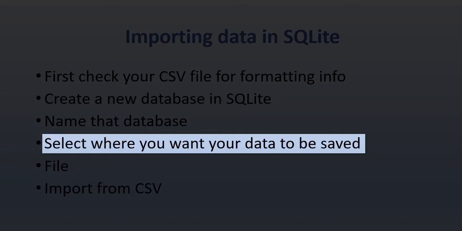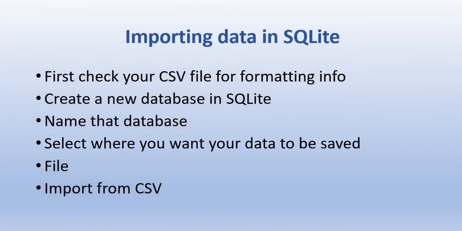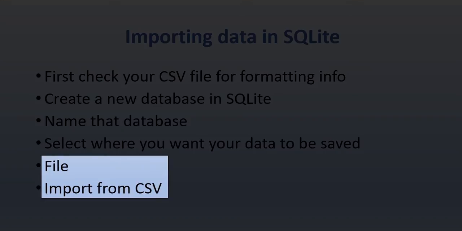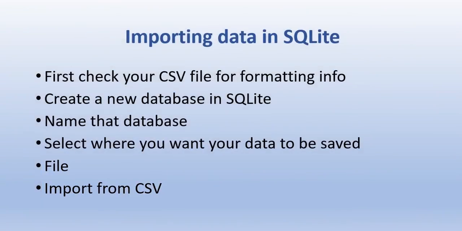Make sure you select where you want your data to be saved. And typically, we've been doing this for the entire class, save it in a specific folder. And then you can go back and do File, Import from CSV. But you can't import from CSV without actually creating a new database, without creating that filing cabinet that's going to hold your information.